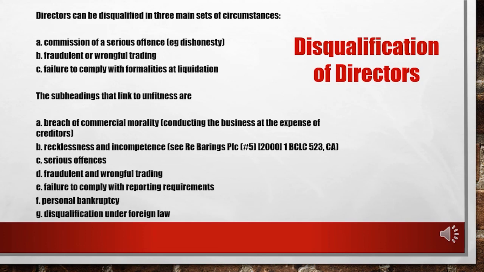So with the power given by Section 6 of the Insolvency Act, the authorities have the power to disqualify somebody and not allow them to become a director again for a period of time if they have done something wrong. For instance, they've been dishonest, they've committed serious offenses, they've been fraudulent in the way they were running the company, or they failed to comply with formalities in the running of the company.